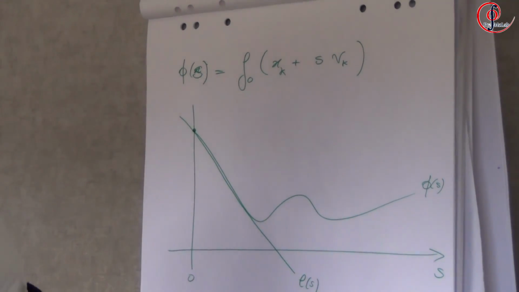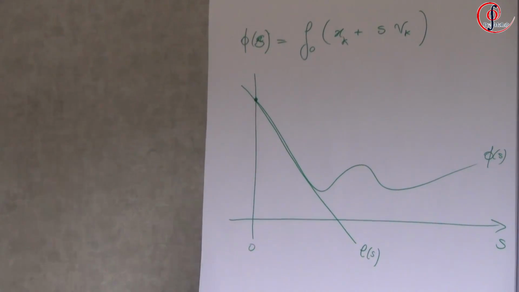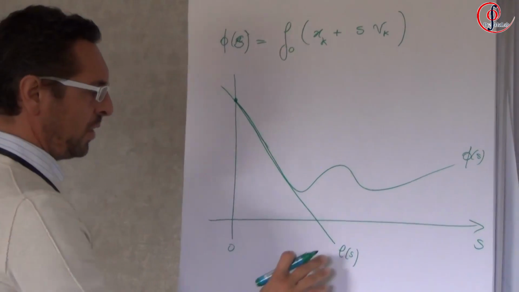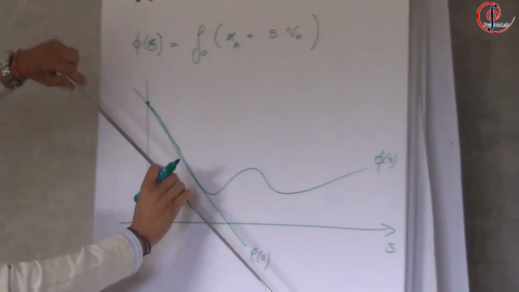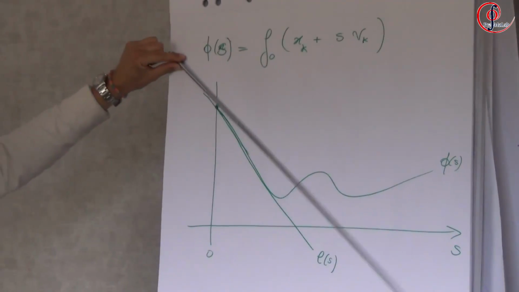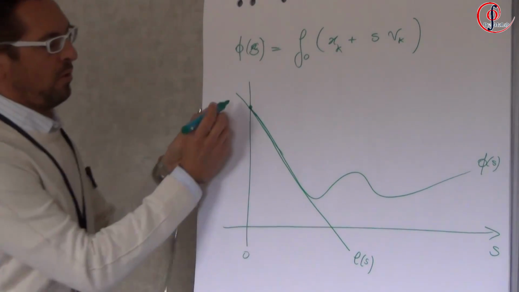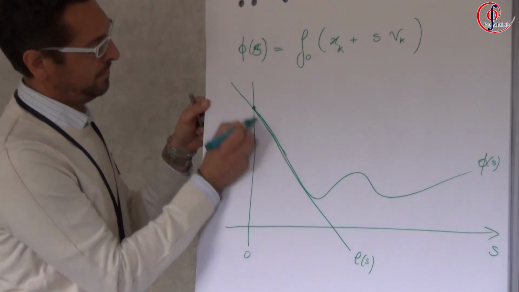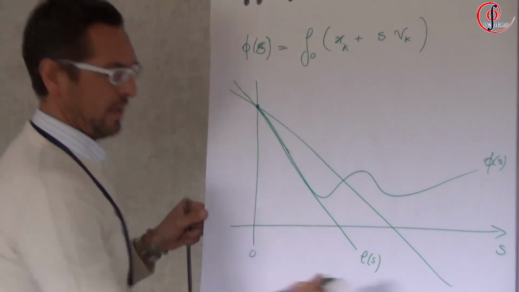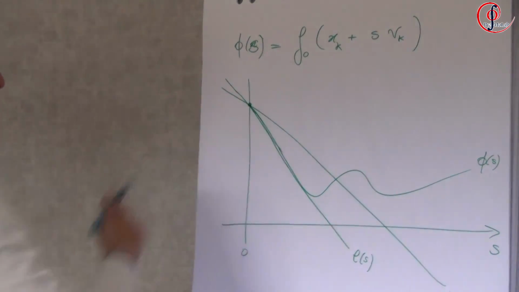Then we do another thing. We compute another line. This is a very bad plot, but anyway, we take L of s and we tilt it a little bit up. So we build another line that I call L bar of s. How do I obtain it?